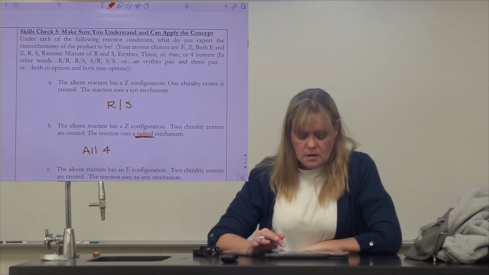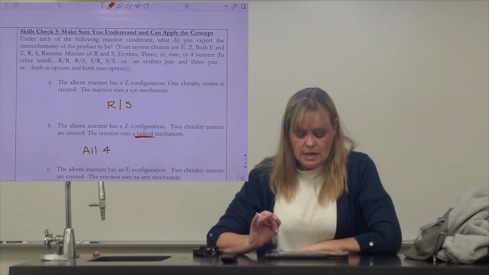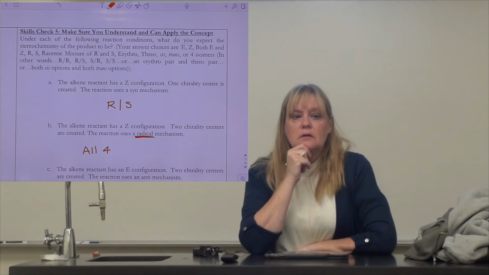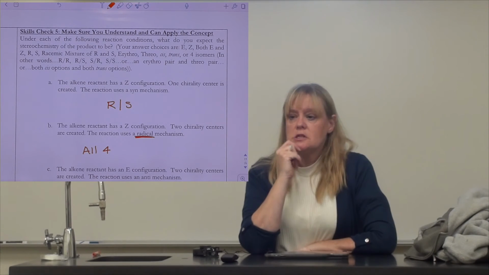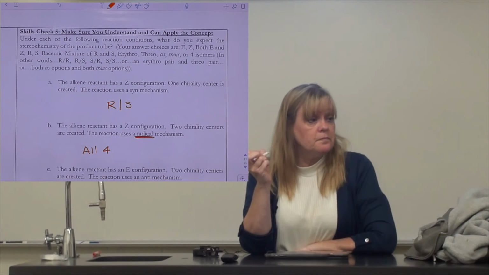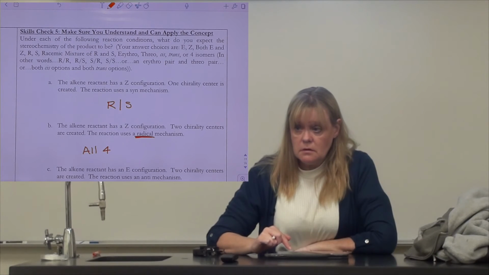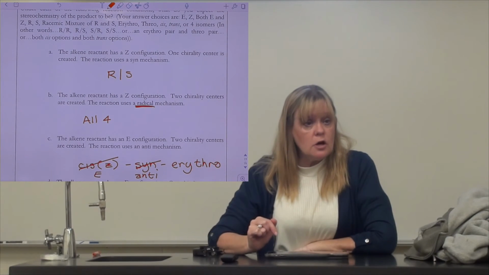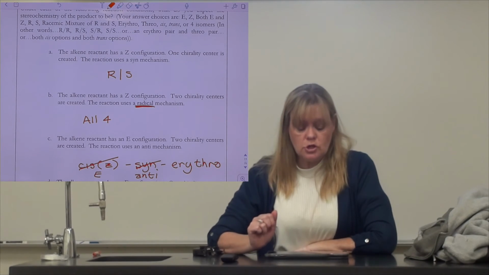Okay. The alkene reactant has an E configuration. 2 chirality centers are created, and you have an anti mechanism. Because this says you have an anti or syn mechanism, that means you're going to use cis and erythro. You start out with cis, syn, and erythro, and you cross off anything that doesn't match, and you make sure that you have either nothing crossed off or 2.